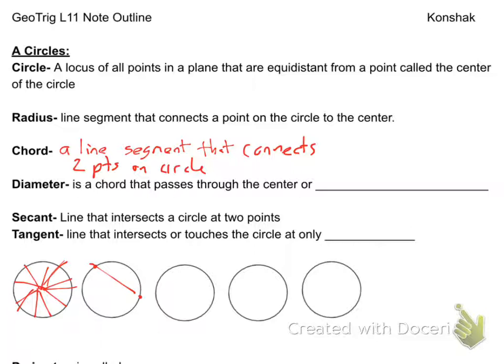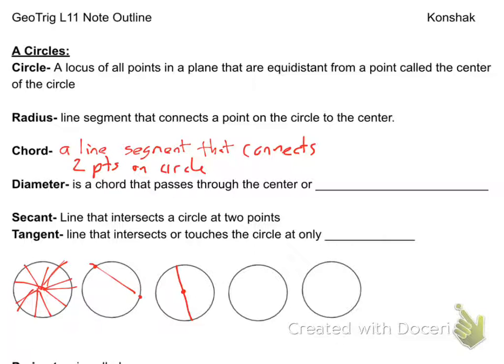And there is a very special chord that happens to pass through the center of the circle, which in this case I'll denote by a large red dot. That is the diameter. Now that's called a diameter.